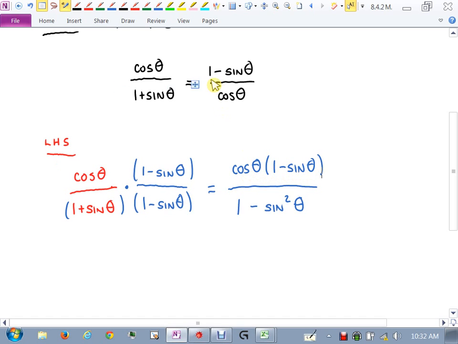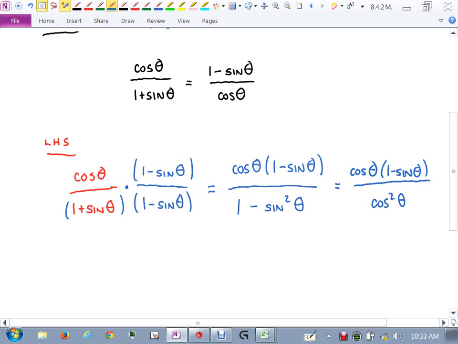Now I have a cosine here that's not here. I have a cosine on the bottom, but wait a minute. We said this was going to turn into what? Cosine squared theta? So this is cosine theta times 1 minus sine theta over cosine squared theta. And what happens with those cosines?